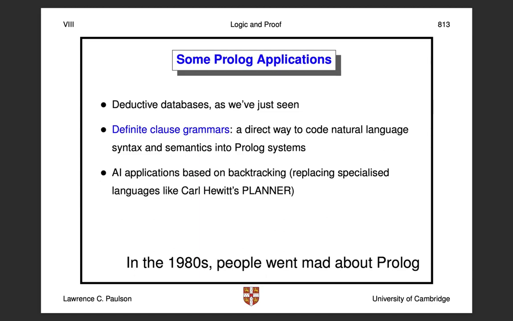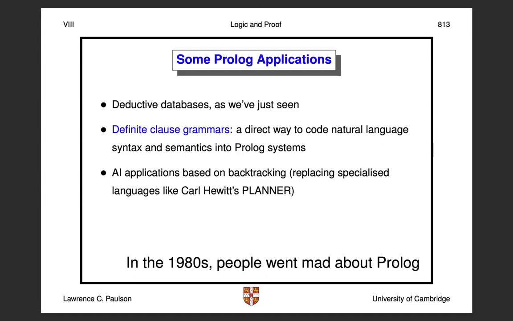So Prolog is very good for natural language applications. Also, at the time this emerged, in the 1970 or so, there was a lot of interest in robot planning, and specialized languages like Planner existed that also had this backtracking control structure.